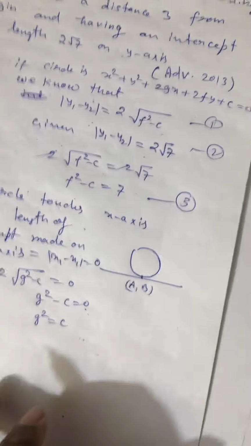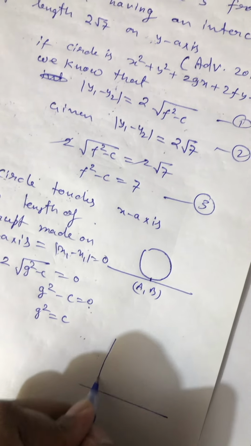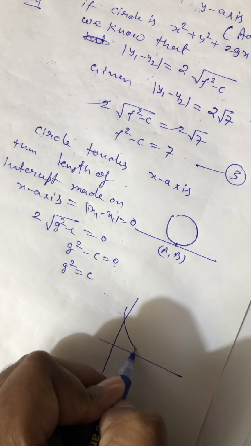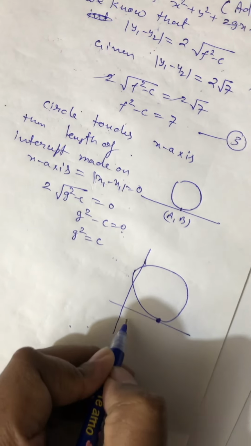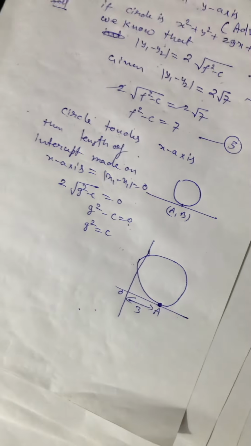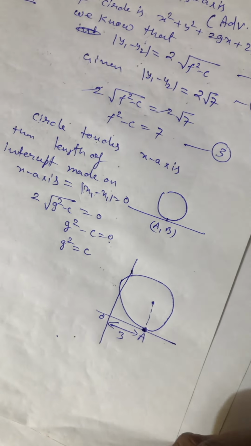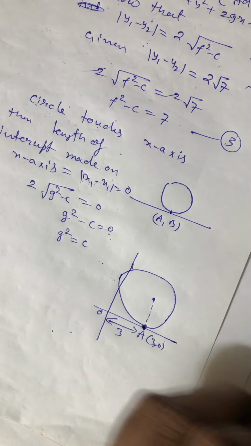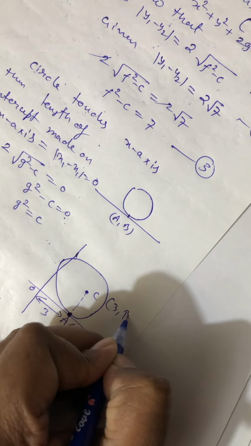And one more condition is given, that circle is touching x-axis at a distance 3 unit from origin. So this is O and this is A. This distance is 3 unit. So when a circle touches, suppose this point is A, this coordinate will be 3, 0. Then the center will be 3, beta.